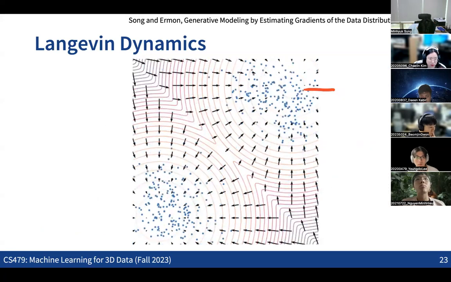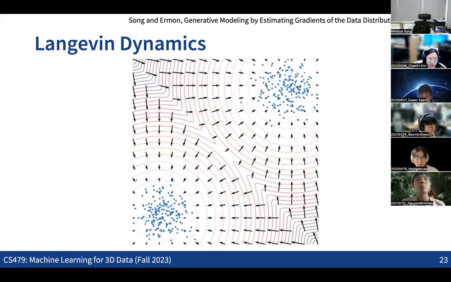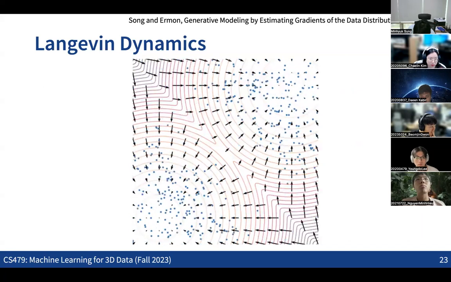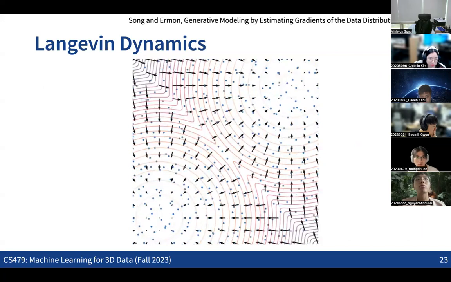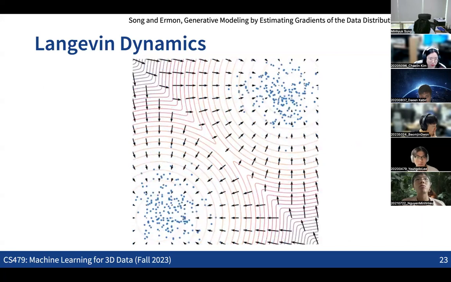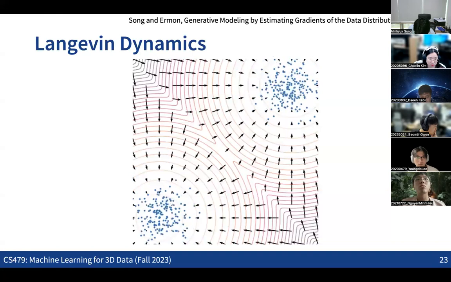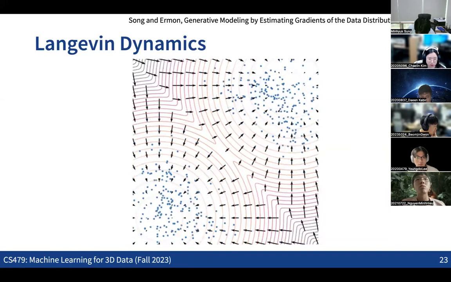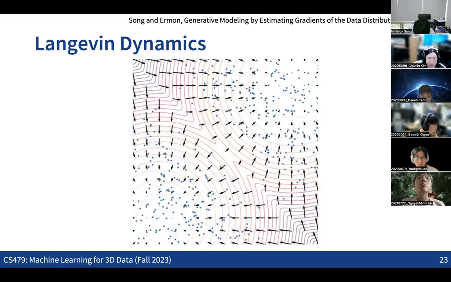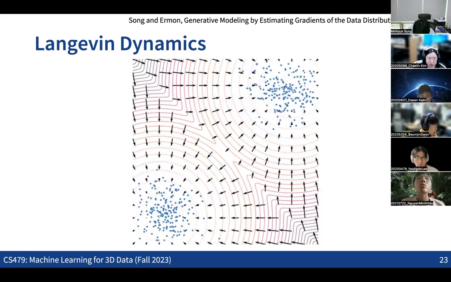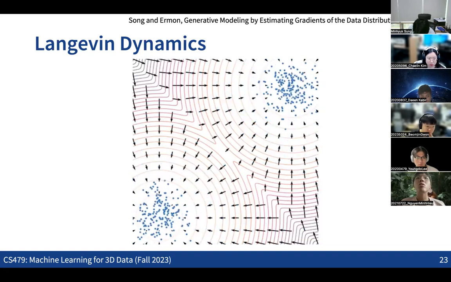This is an animation of the diffusion process. The blue dots are samples from a uniform distribution over the space. Over time, when you move them according to the equation we saw in the previous slide, they converge to the distribution that we want.